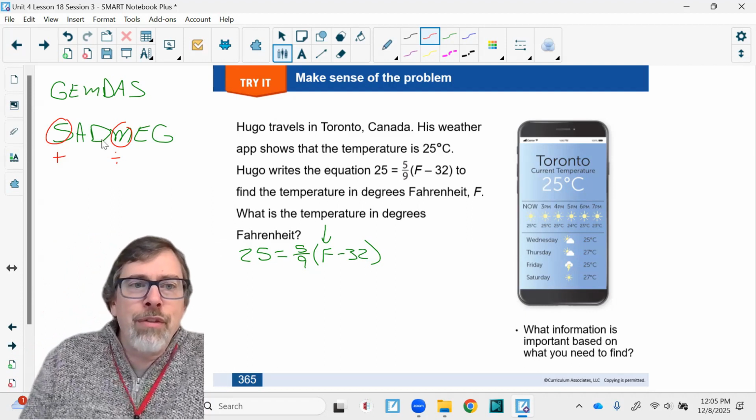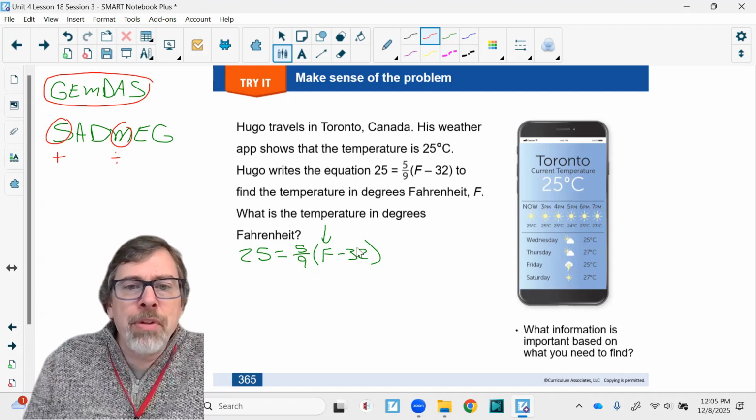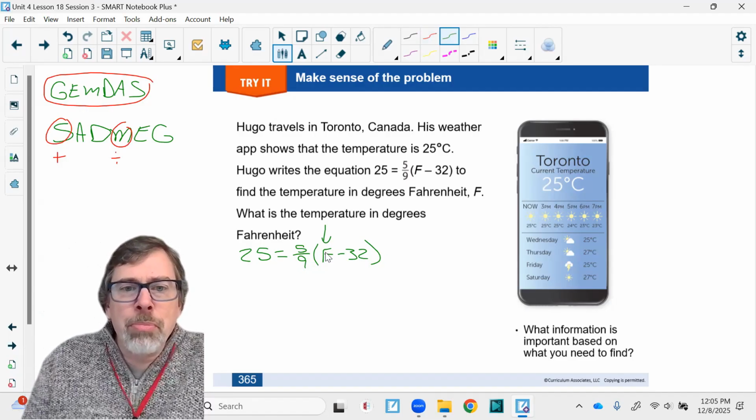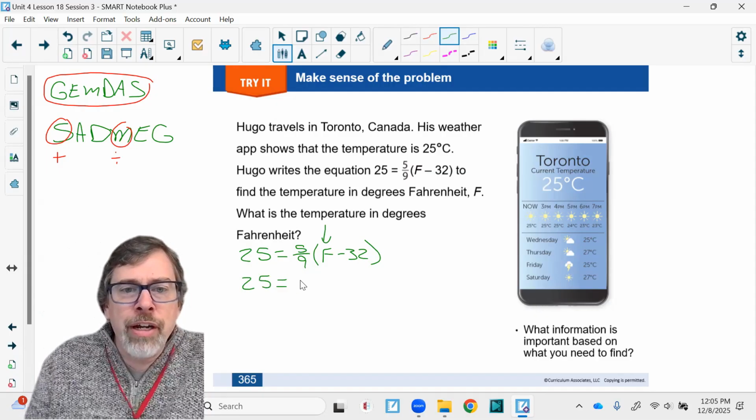However, if you do not do GEMDAS first, in other words, simplify the right side, here's what you have to do. You have to multiply 5/9 to both. So this, I'm not going to do it this way. I'm going to show you, but then erase it. So just watch for now. 5/9 times F would be 5 over 9F.